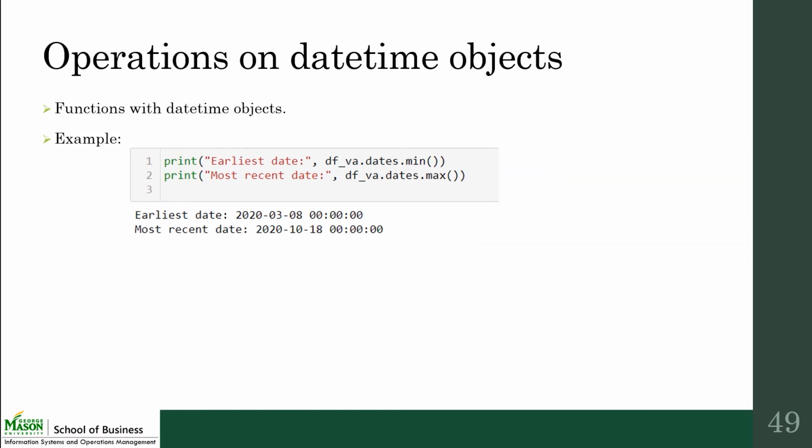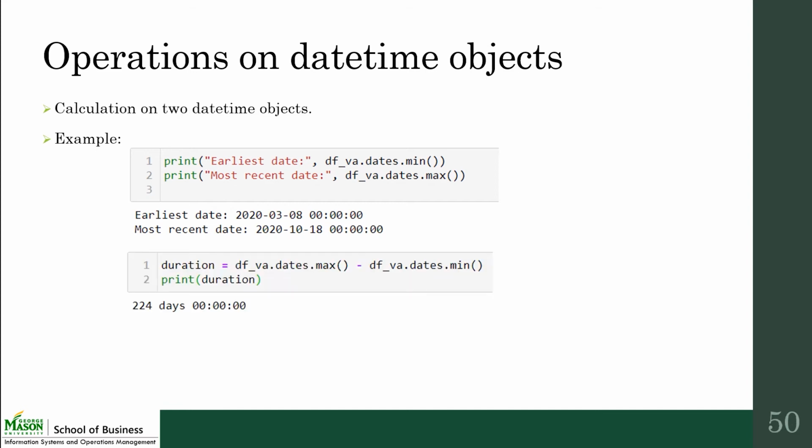Variables or objects that contain datetime data types can do operations and use built-in functions. For example, here we have the min and max functions applied to the dates variable from the COVID data frame. Using the min and max function on a dates variable that is not in a datetime format will yield incorrect results.